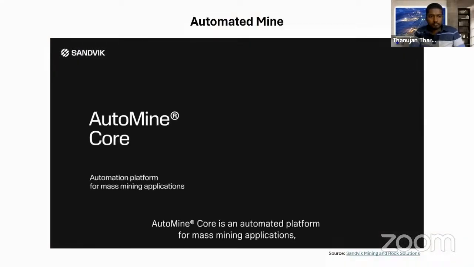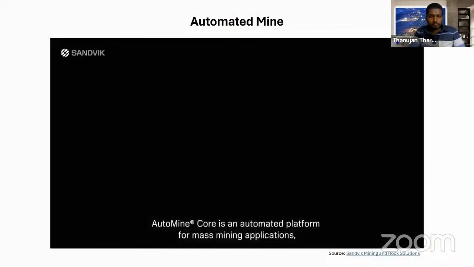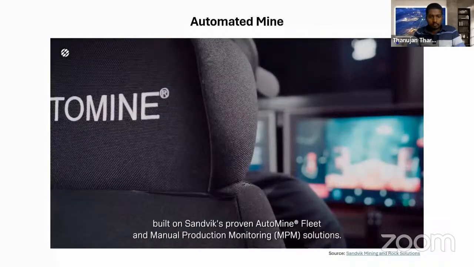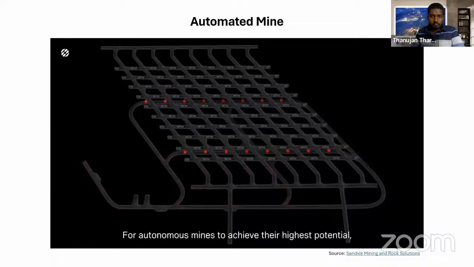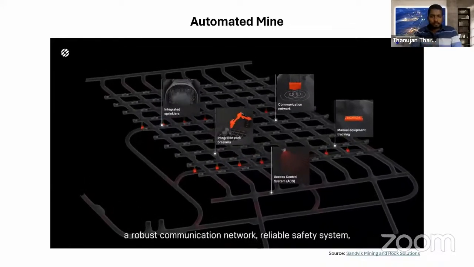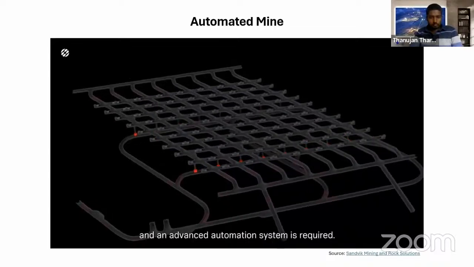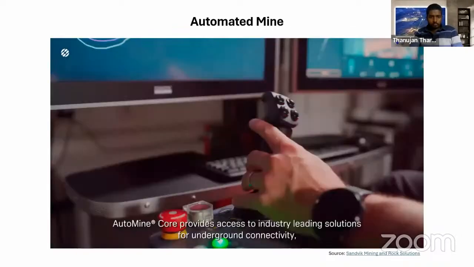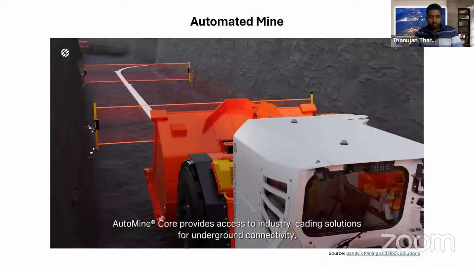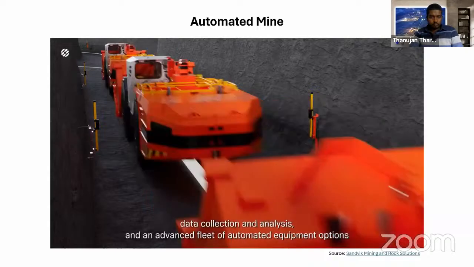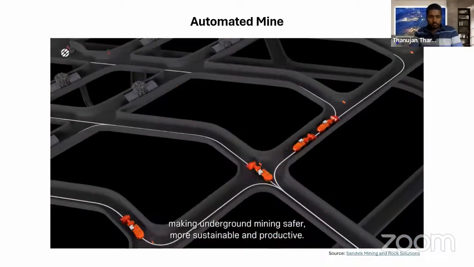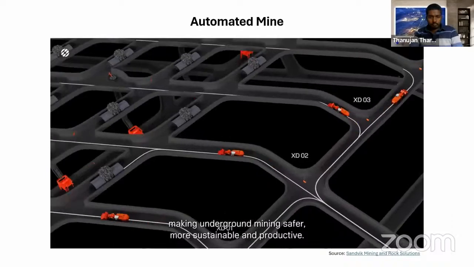AutoMine Core is an automated platform for mass mining applications, built on Sandvik's proven AutoMine fleet and manual production monitoring solutions. For autonomous mines to achieve their highest potential, a robust communication network, reliable safety system, and an advanced automation system is required. AutoMine Core provides access to industry-leading solutions for underground connectivity, data collection and analysis, and an advanced fleet of automated equipment options, making underground mining safer, more sustainable, and productive.